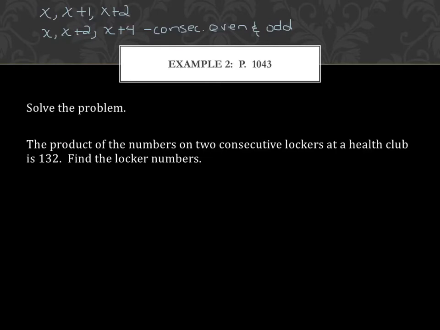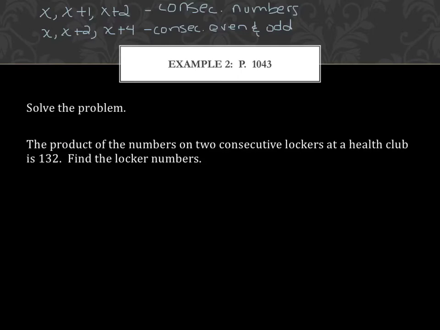It's because every other one is an odd number, or every other one is an even number if you start with an even. So this first x plus 1, x plus 2 is just for consecutive numbers. X plus 2, x plus 4 is anytime it's consecutive even or consecutive odd.